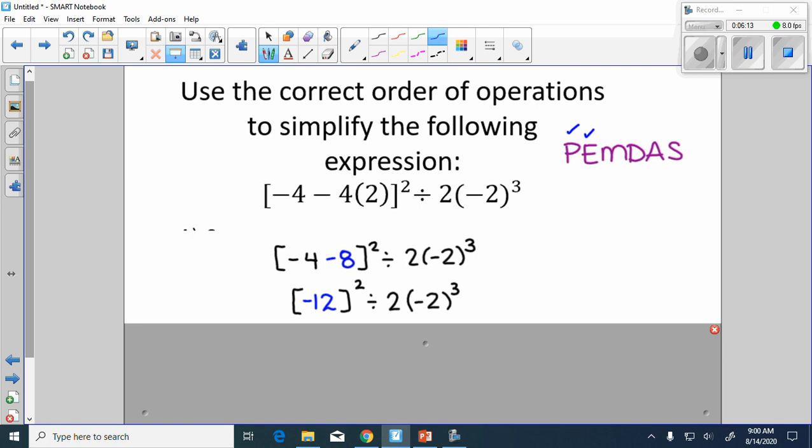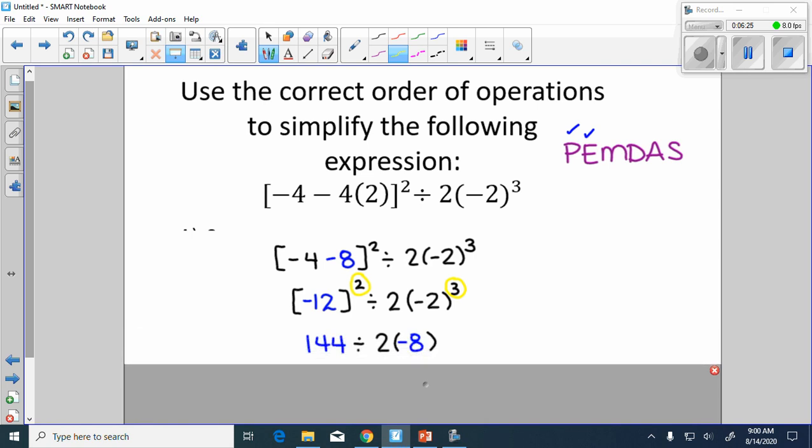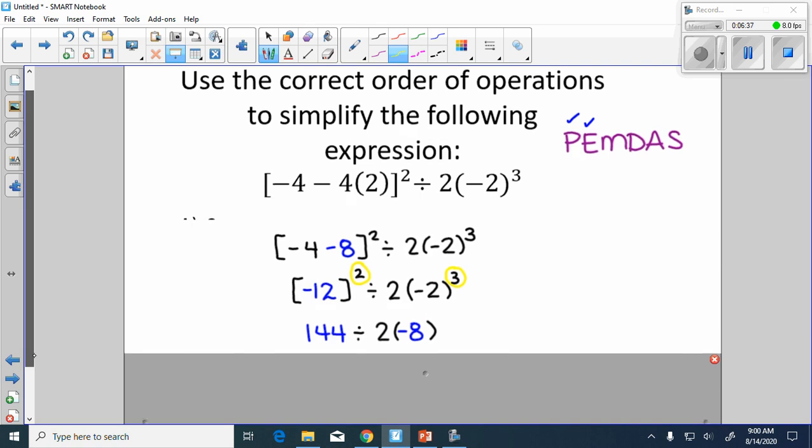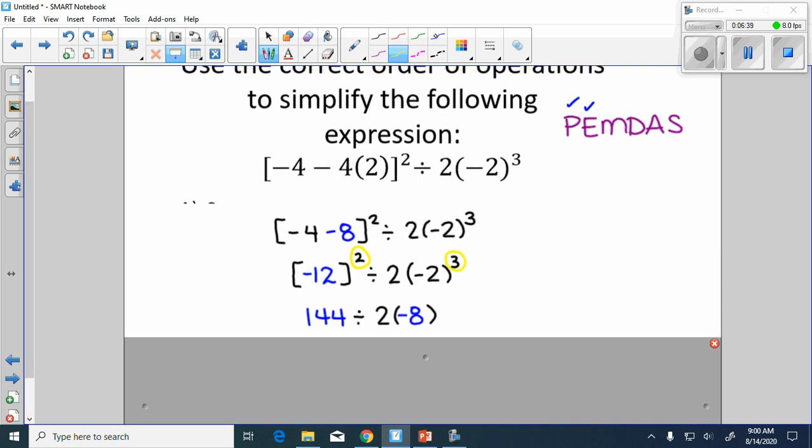Next, I need to go back and take care of the exponents. So I have an exponent right here, and I have an exponent right there. If I take -12 times itself, I get a positive 144. And if I take -2 times itself 3 times, I get -8. Now, many students are okay up to this step, but this is where they go down the wrong path.